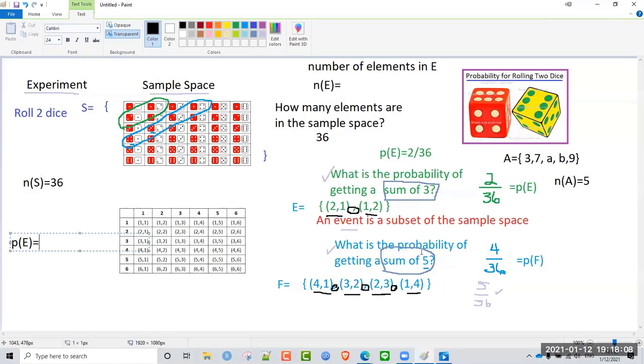How about here? How did we get this number, 4 over 36? Where did the 4 come from? The number of elements in F. And where did the 36 come from?